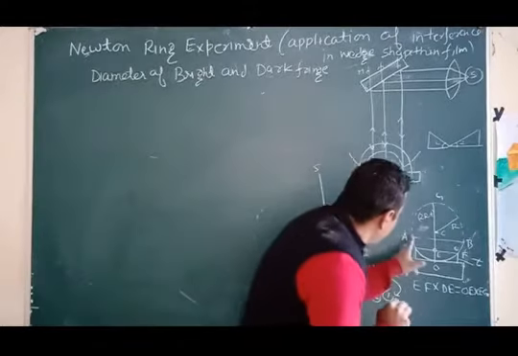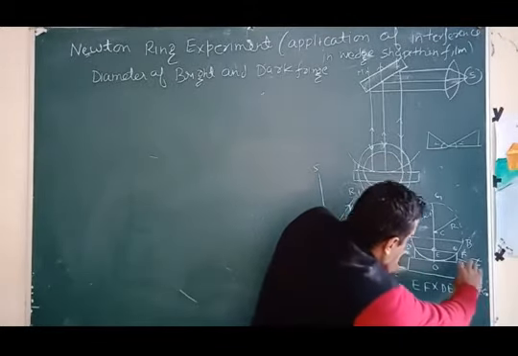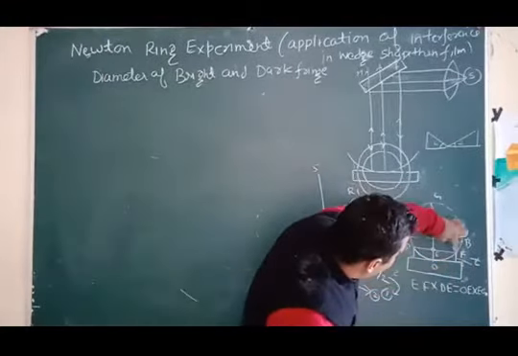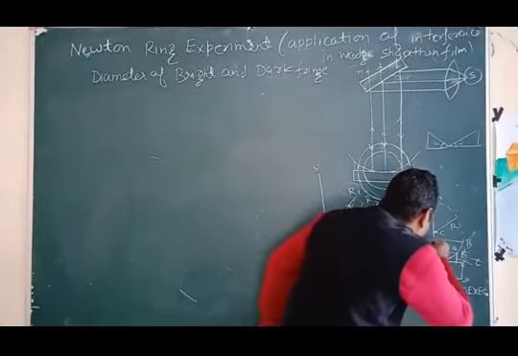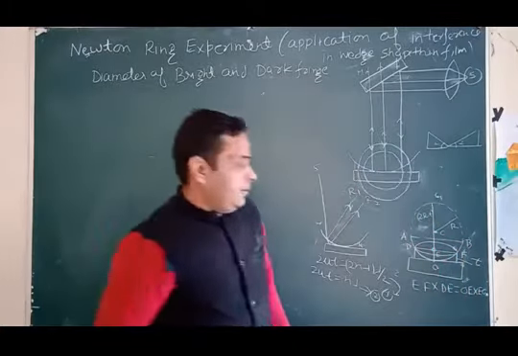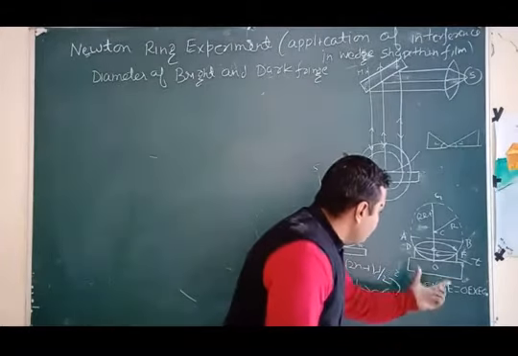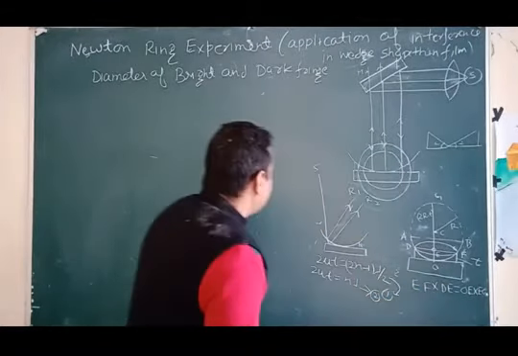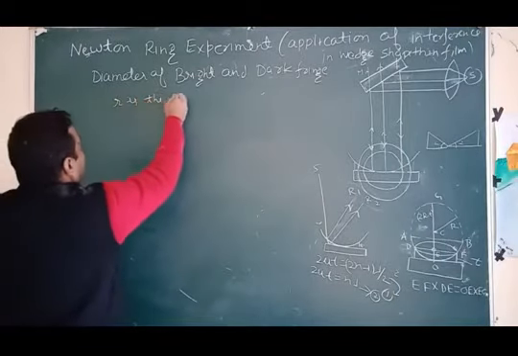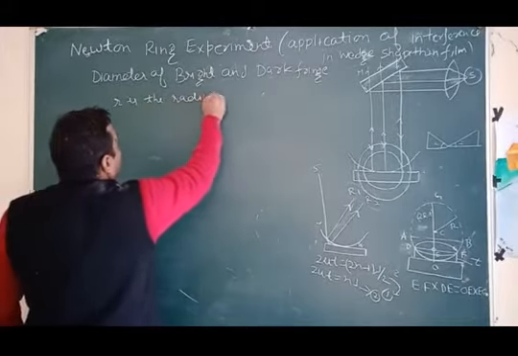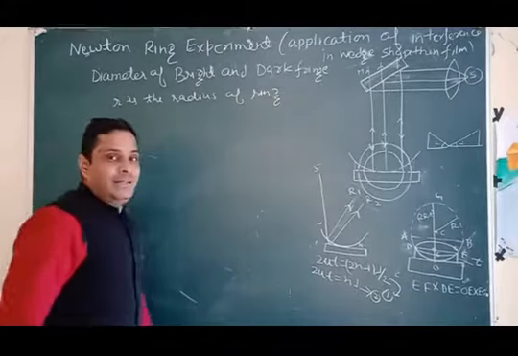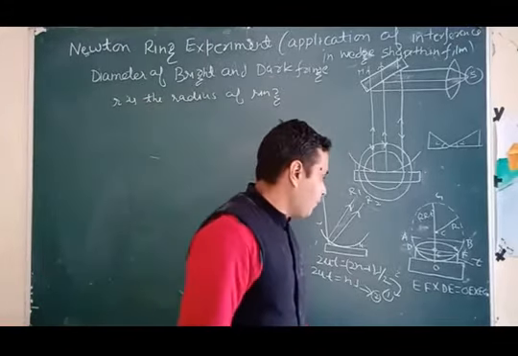Understand? So here that is the A. Now this is the plane glass, this is the plano convex glass, and this is P, where the ring is formed. We have seen the ring. Now the radius R is the radius of the ring, which can be bright or dark depending upon the condition of the bright and dark fringe.